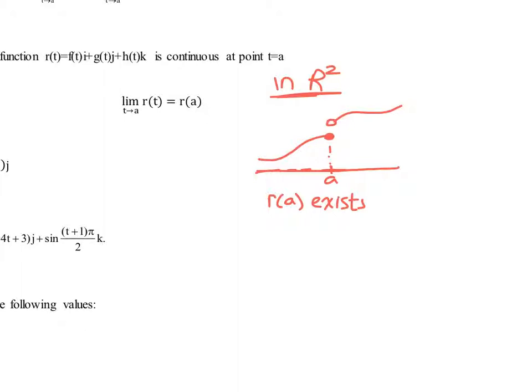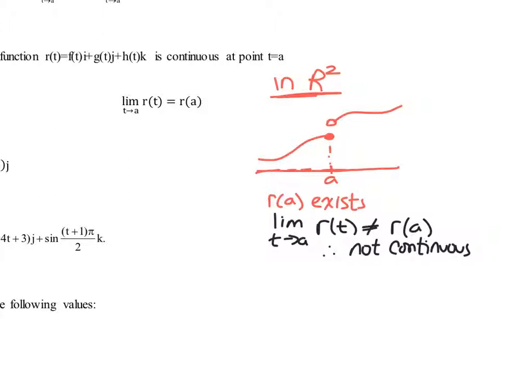But the limit as t approaches a of r of t, well, first of all, it doesn't exist, so how could it be equal to anything? It's not equal to r of a, and therefore it's not continuous. The function would not be continuous, or the path would not be continuous. All right? And yeah, all calculus.